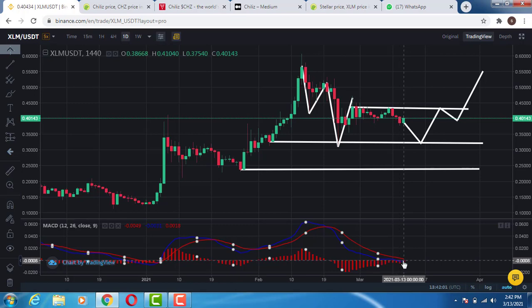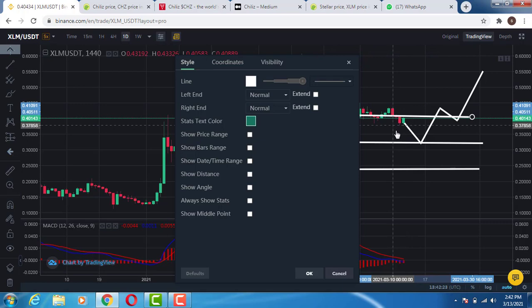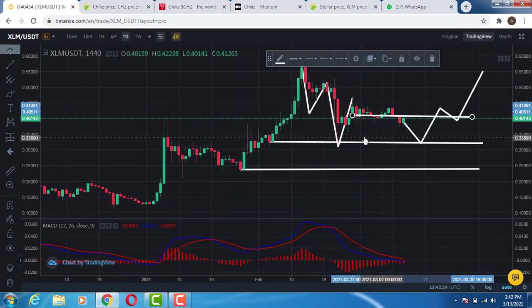That is after the blue line crosses over the red line and you see the histogram start formation on the positive side of the MACD. Now the next thing you have to do is to trigger your position, and where will your stop loss be? Like we always say in our academy, when you place a position, let's say you are taking this position here, your stop loss should not be immediately here.